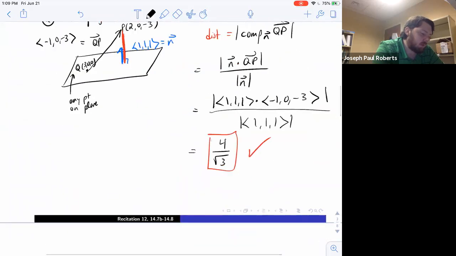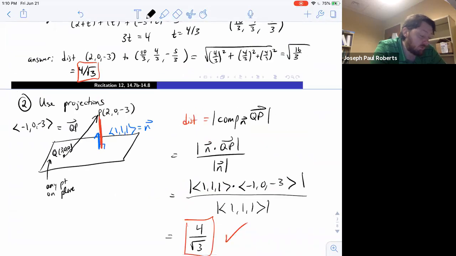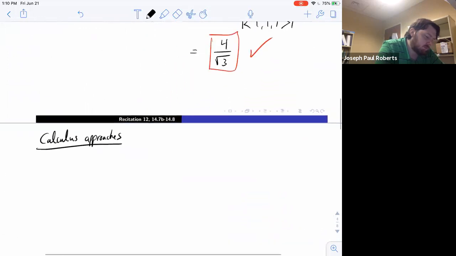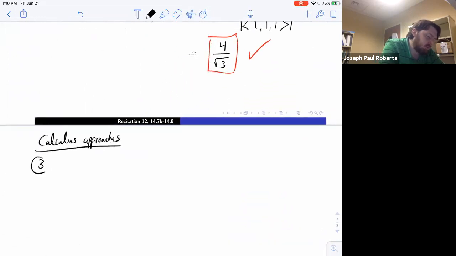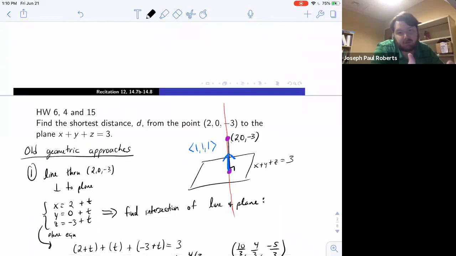So let's go over the calculus approaches that we learned about this chapter, this week. As far as the calculus approaches go, we're trying to find the point closest to (2, 0, -3) on that plane, right? Because the idea is that this point's farther, that one's farther, this one's farther.